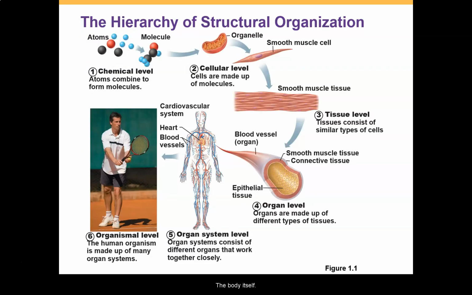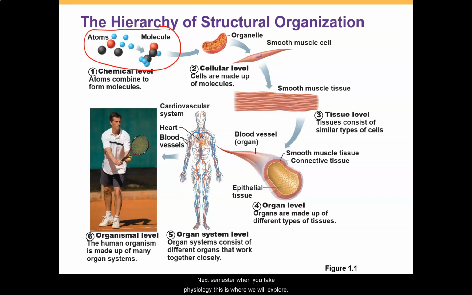The body itself is organized into different levels, beginning with the chemical level. Within the chemical level, we have atoms and molecules. In this course, we will not explore the chemical level.